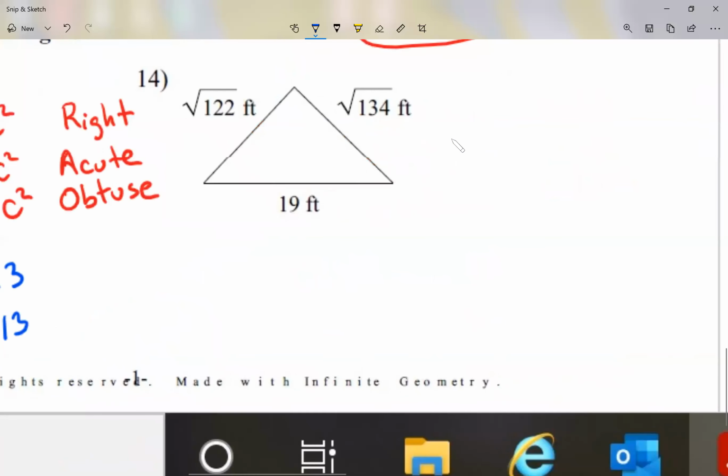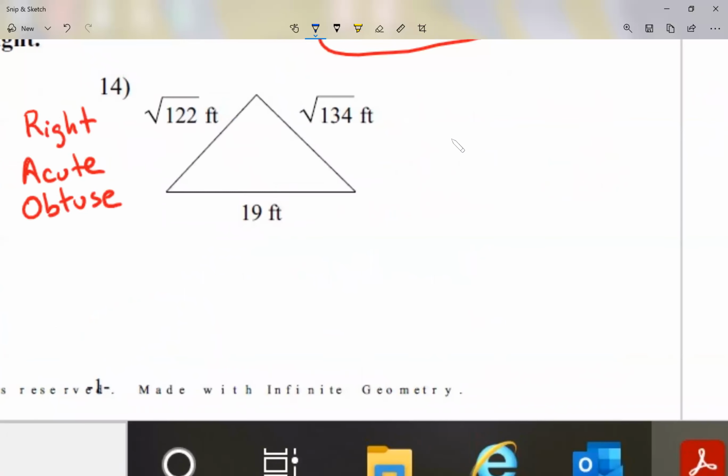All right, let's take a look at question number 14. Again, let me square each of my sides. Squaring square roots is easy because the square root of 122 all squared is 122. The square root of 134 all squared is 134. When you square a square root, you basically get the number on the inside.